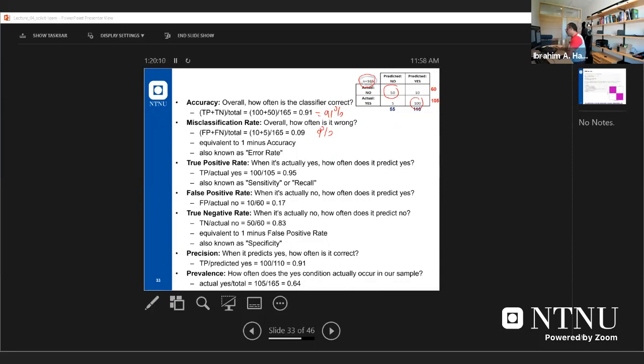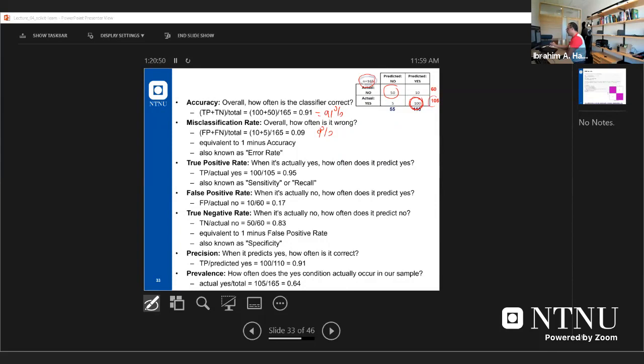What is true positive rate? True positive rate is when it's actually positive, how often does it predict yes. True positive rate will be 100 divided by the actual 105. So true positive rate is true positive divided by actual positive, 100 divided by 105.